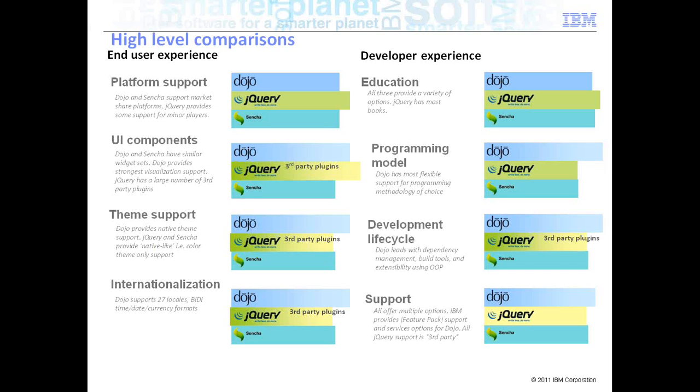Then finally comes the support. Support as in how developers would be supported if there are any bugs, if there are any issues in the code library itself. Multiple options, we can purchase it. A different level of support packages are available from all three. jQuery is again supported by third parties.